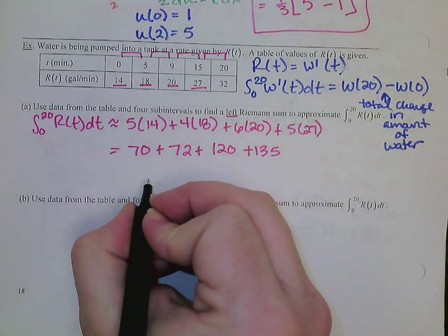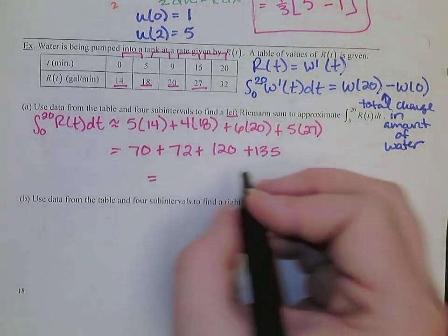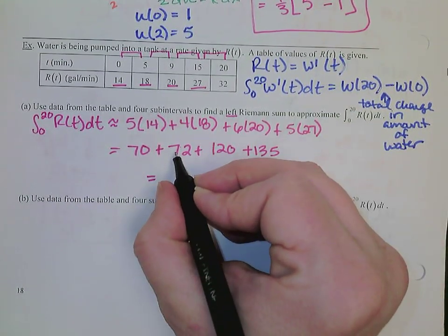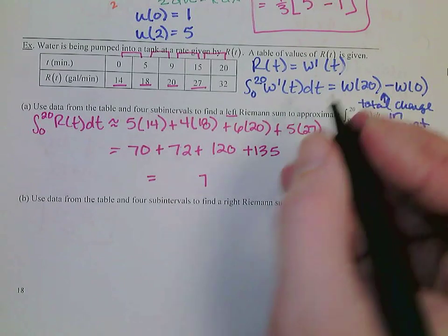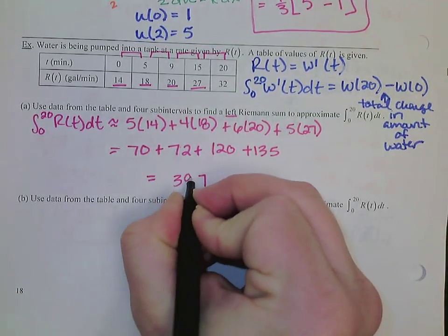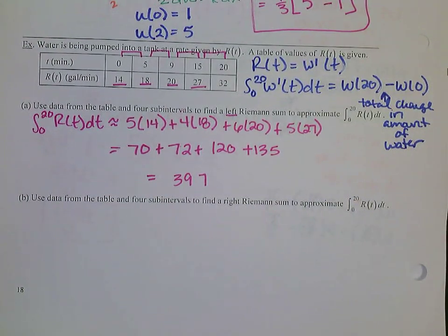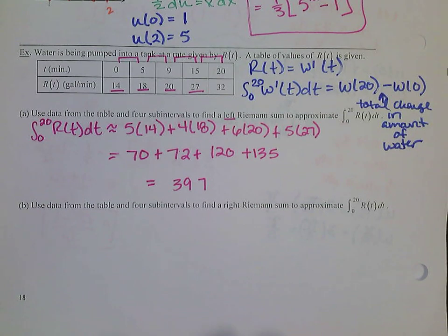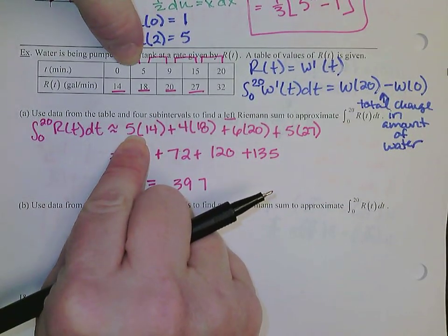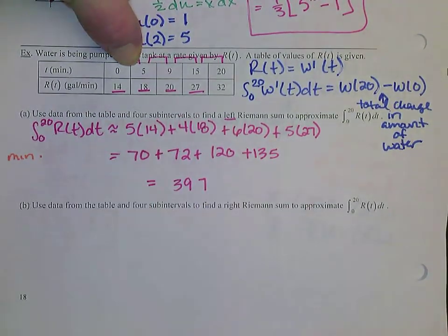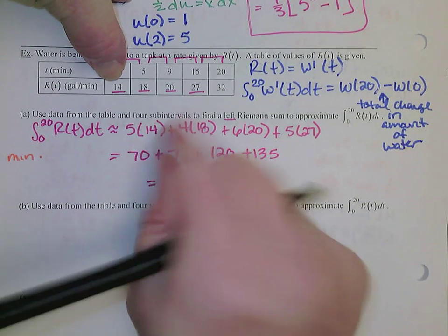5 and 2 is 7. 3, 4, 5, and 7 is 12, and another 7 would be 19. And then so 397. And because we're talking about gallons per minute, we're taking the width of our subintervals, which is minutes, and multiplying it times the rate of change, which is gallons per minute.